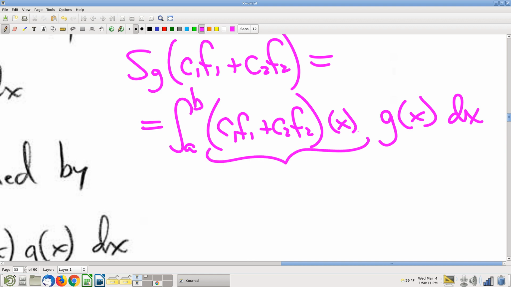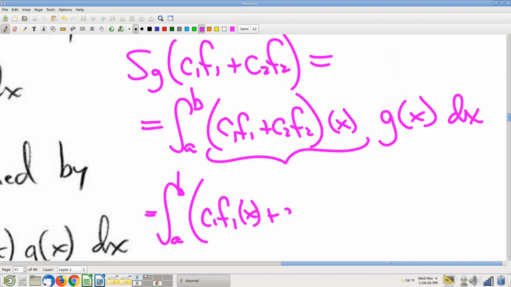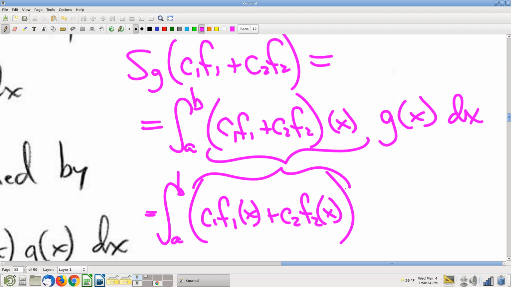How do I evaluate that function? There's this function called C1F1 plus C2F2. How do I evaluate that? Well, we have rules for that that go way back. This is C1F1 of x plus C2F2 of x. What I've done here is just rules of vector spaces. What is the formula for computing that linear combination of functions?